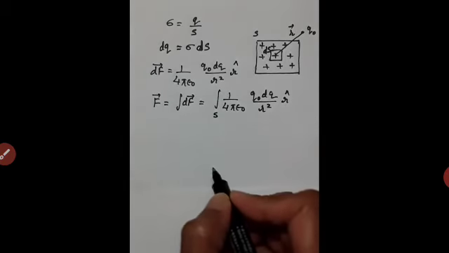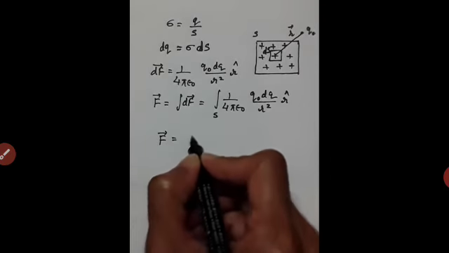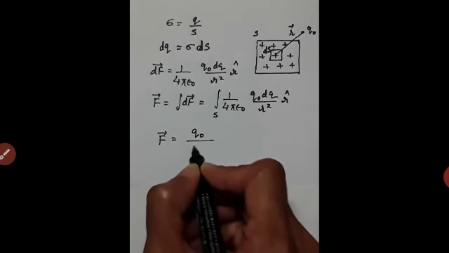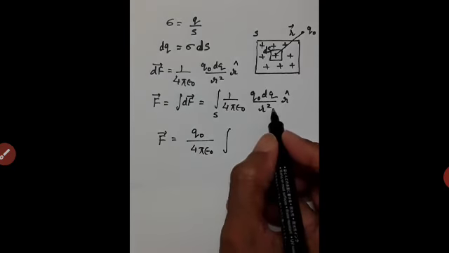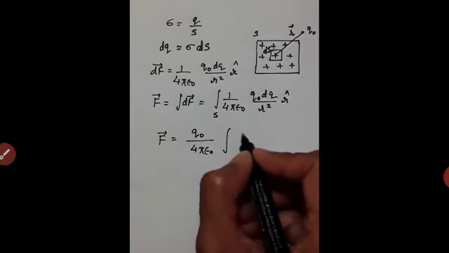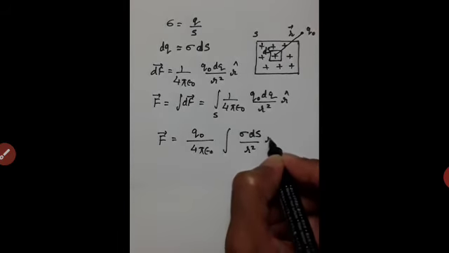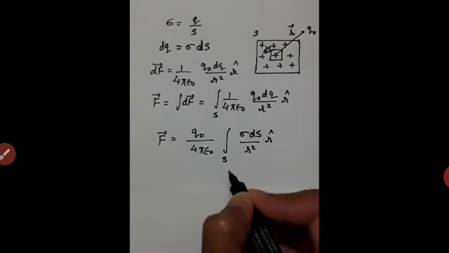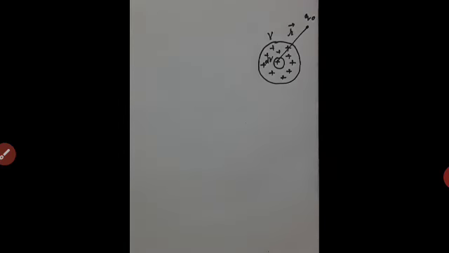Let us take the constant quantity out, that is Q naught upon 4 pi epsilon naught, integral of dq. I will write dq as sigma ds upon r square, unit vector r, integration taken over the surface. So this is the equation for the force due to surface charge distribution.